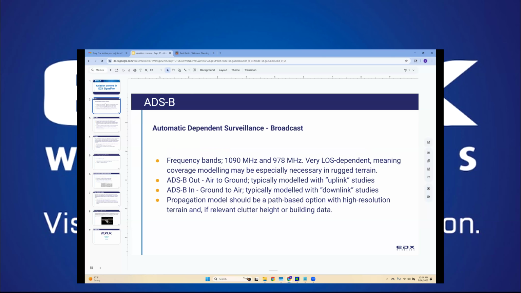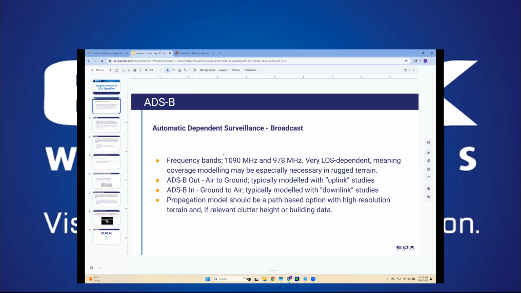One of the reasons I want to talk about this is that this is the broadcast mode from the aircraft to the ground stations, reporting their location as they come into the air traffic control pattern for a given airspace. And this operates at 1090 megahertz and 978 megahertz.